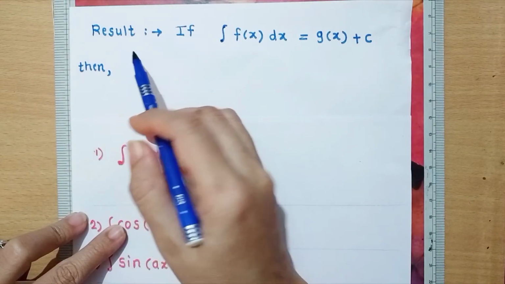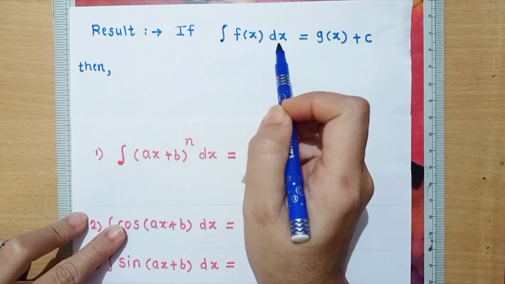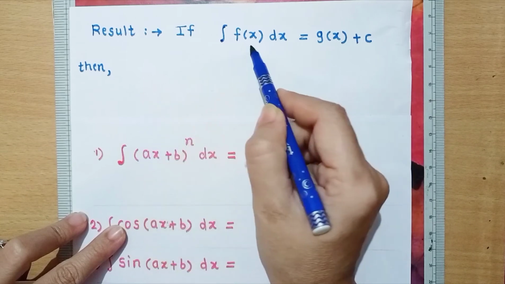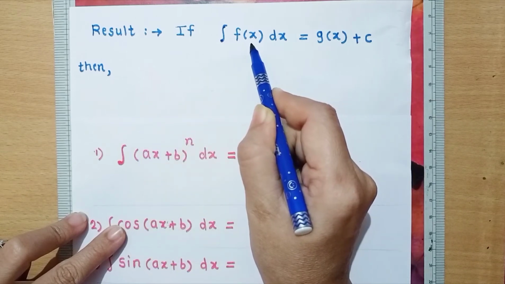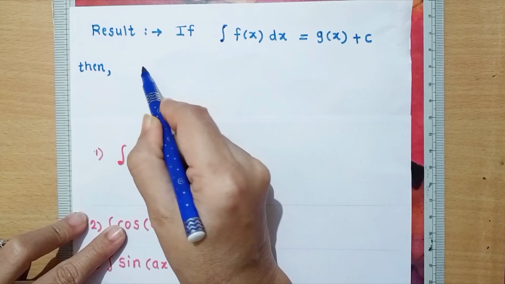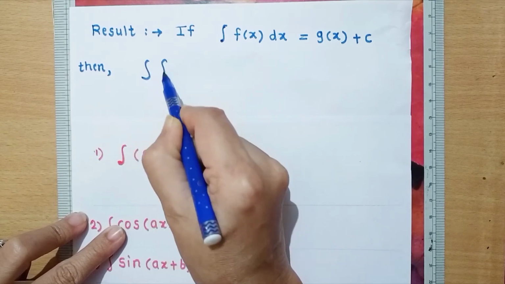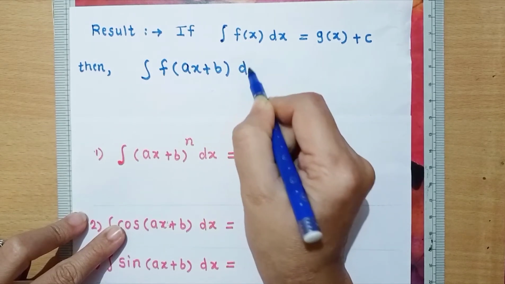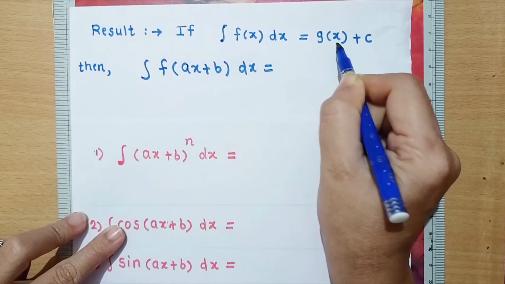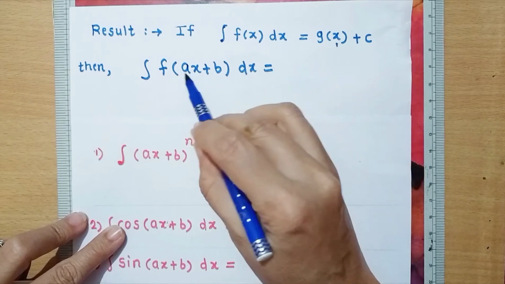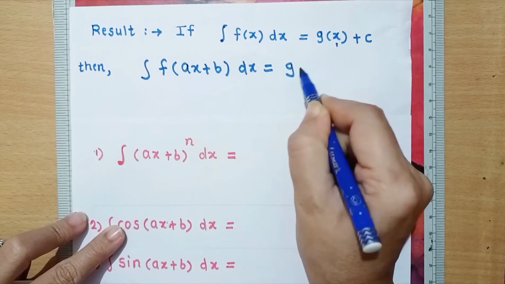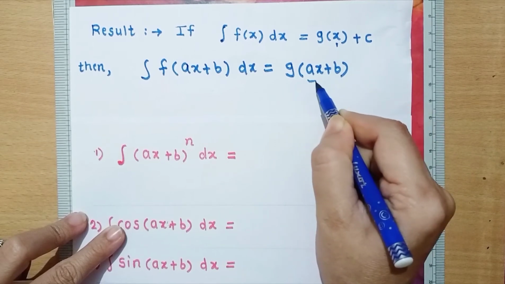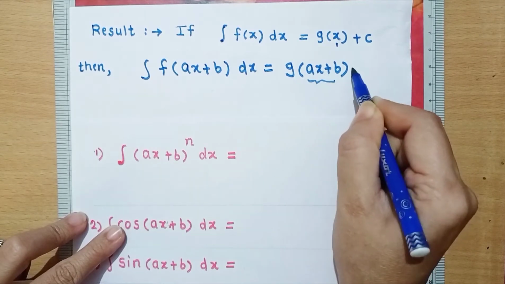Let's check now the result. If integration of f(x) dx is equal to g(x) plus c, then suppose I replace x by ax plus b, then we have integration of f(ax plus b) dx is equal to, here also we will replace x by ax plus b, so we will write g(ax plus b), and then we will divide by the derivative of this.